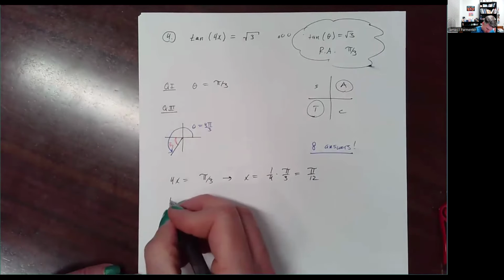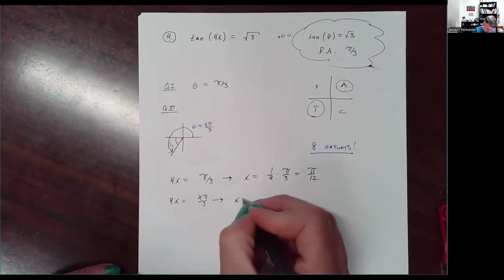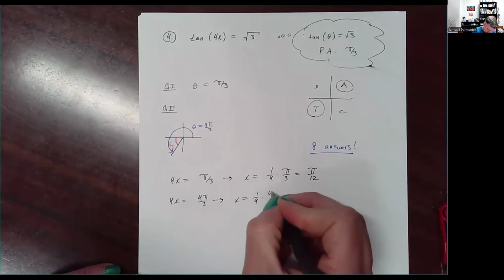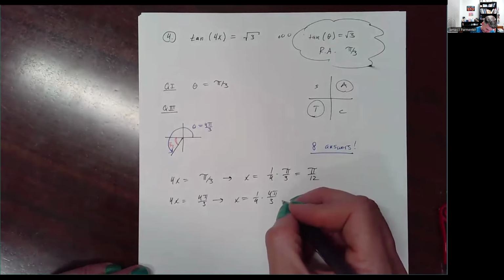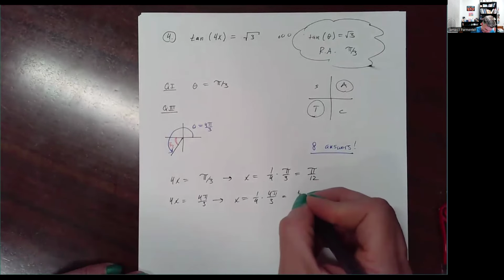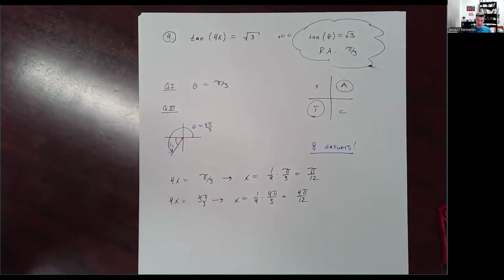Similarly, 4x equal to 4 pi over 3 is going to lead to x equal to 1/4 times 4 pi over 3, which is going to be pi over 3, but I'm going to leave it as 4 pi over 12 because it's usually in our interest not to simplify it until the end, because you usually have to do the common denominator.